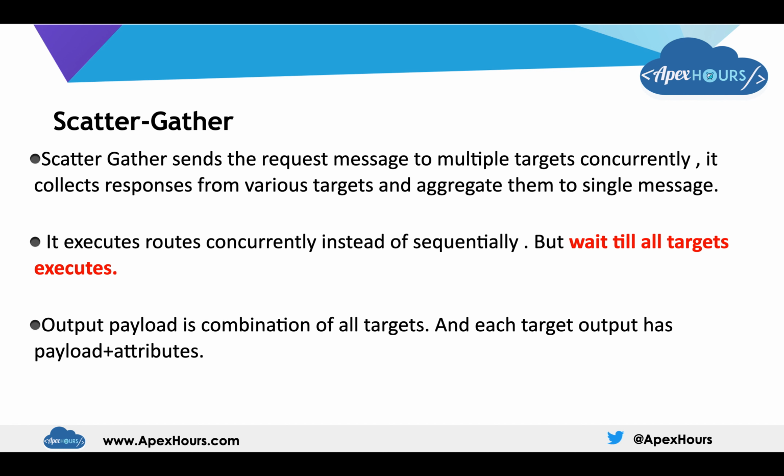This is a very important point. The output payload is always the combination of all targets, and each target output has the whole Mule event, meaning payload plus attributes. You won't have variables, I guess, but each target has output with payload and attributes.